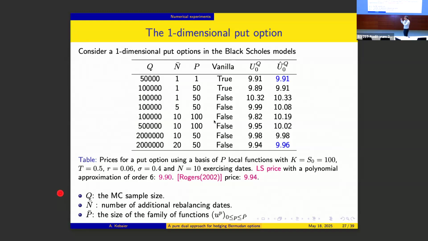So you can do your maths and compute. Of course, we didn't take into account the transaction costs in the model, so this is still missing. But at least this numerical example gives you the idea of what the real cost is if you allow yourself to rebalance a lot of additional times in between two exercise dates.